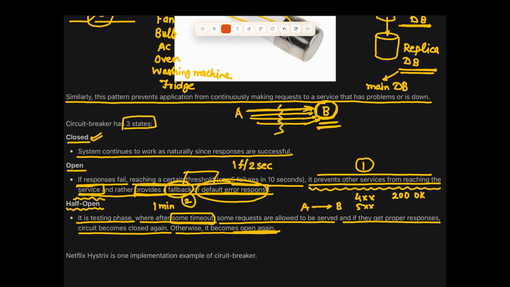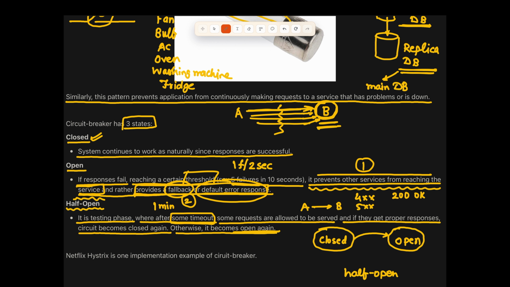So you see, it is kind of a state diagram. You might have read about finite state automaton. Let's try to build that automaton here. So three states: closed, open, and half open. When the system is working fine, it is in the closed state. When some errors start happening, it goes to the open state.